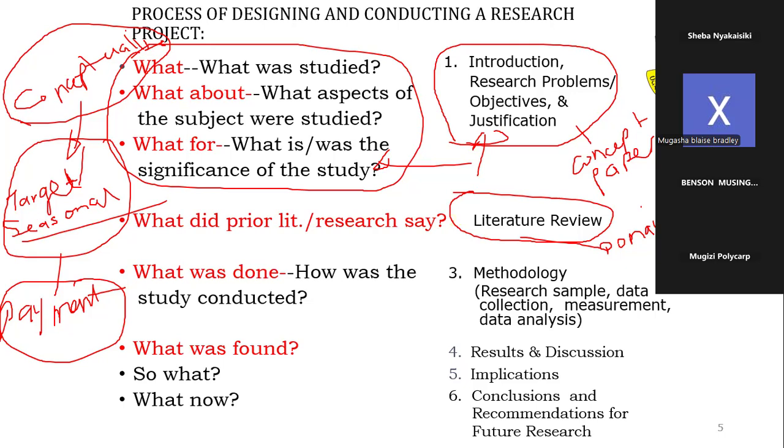Then she would look at, okay, from that aspect, what are the tools available that can help us pinpoint these, and which tool am I going to use? That would be her literature review.